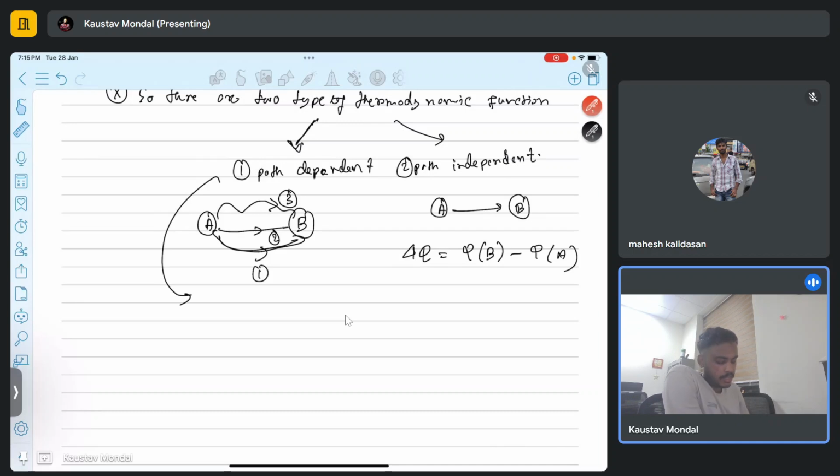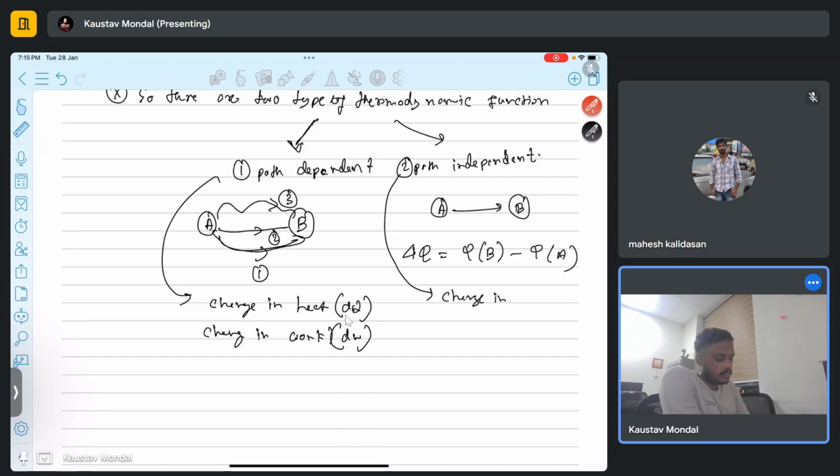Path dependent functions are basically dq, change in heat, or dw, work. These are all path dependent. Path independent functions are like change in internal energy, which is path independent. Similarly, change in entropy is also path independent.